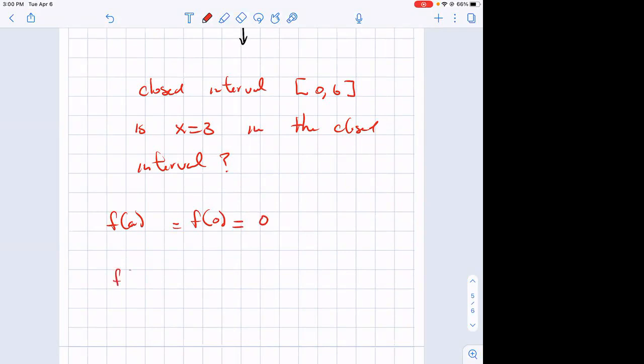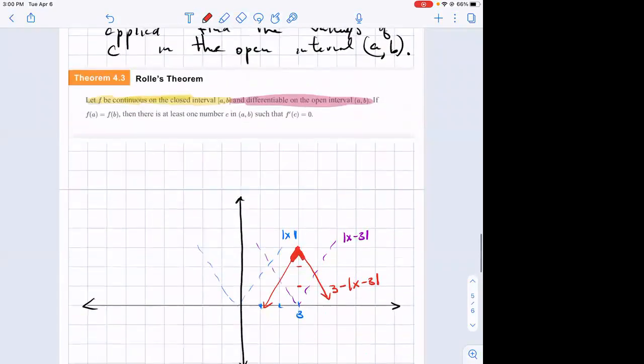And f of B, which was f of 6, B was 6, yes, you will also get 0. So you may think that f of A is equal to f of B, and that will satisfy this part, but this part is not satisfied. The entire statement here has to be satisfied.